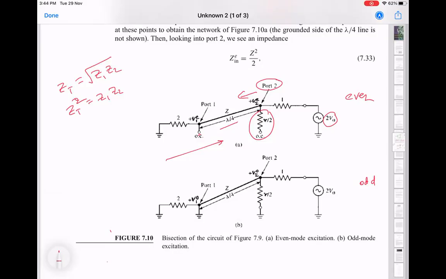So it's Z square over 2. So that gives you the impedance at this particular point here. Okay. Is that clear? So it's basically 2 ohms and λ/4 of characteristic impedance Z. This Z in is equal to Z square over 2.